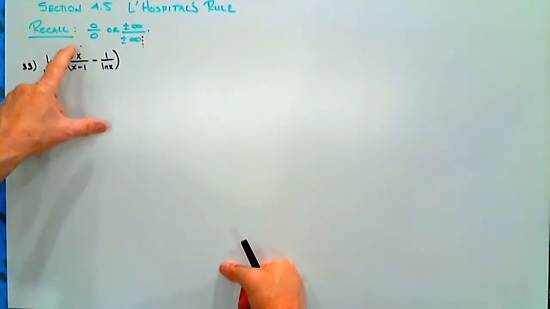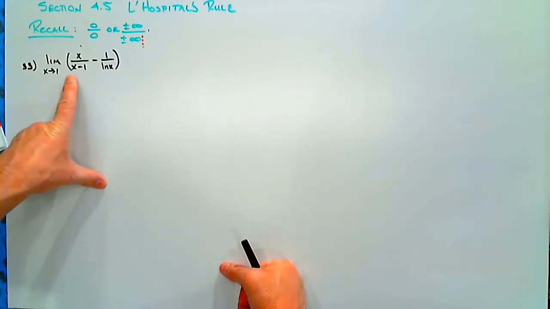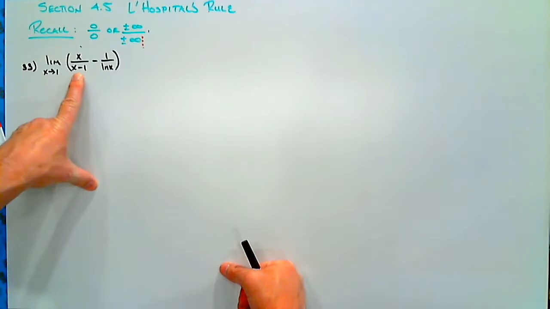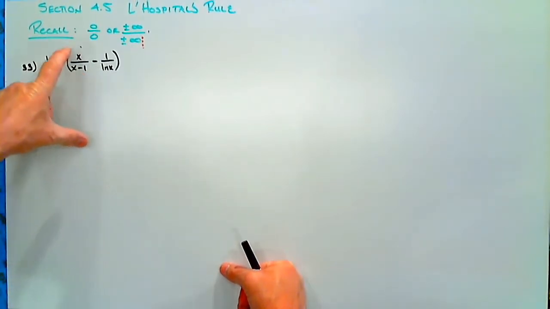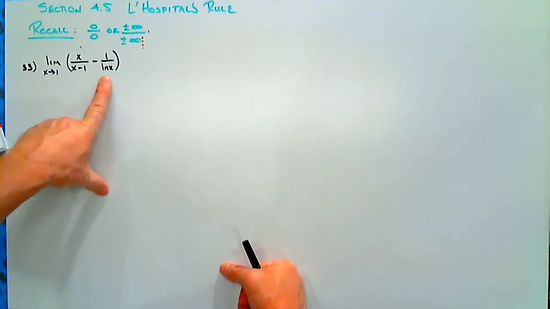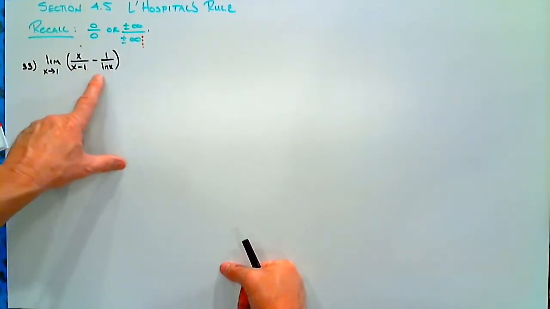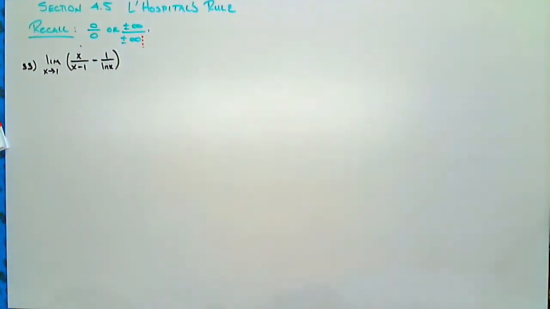X goes to 1, so we have 1. 1 minus 1 is 0. As x approaches 1, this number right here is tiny. So we have a tiny number divided into 1. This is infinity. Minus, we have the natural log of 1, which is approaching 0 as well. So we have 1 divided by a tiny number. We have here the form infinity minus infinity.